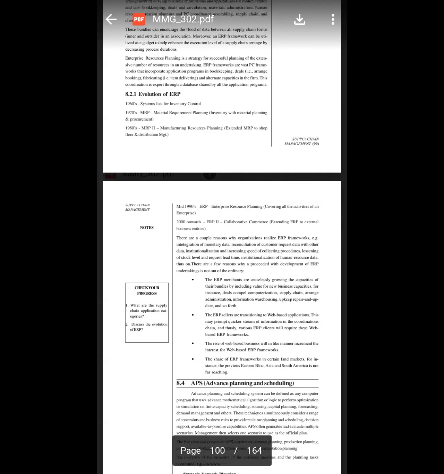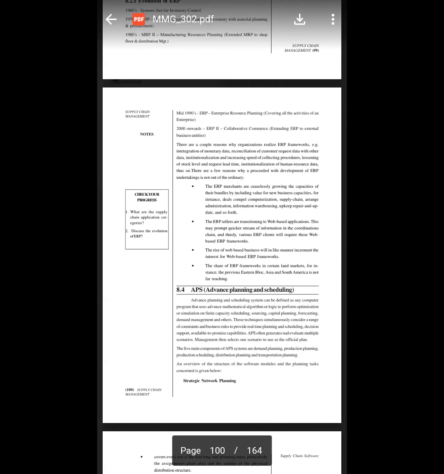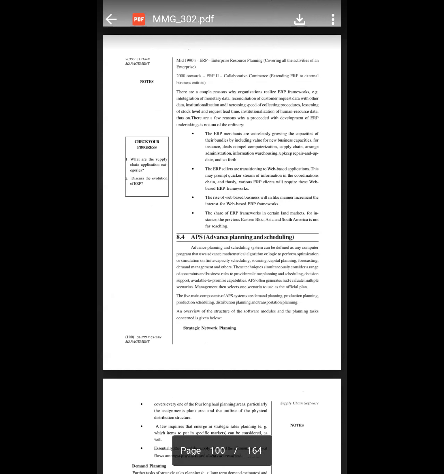Then in 1980 MRP2, material resource planning, extended MRP to shop floor and distribution management. Then in the mid 1990s ERP, entrepreneur resource planning, covering all the activities of the enterprises. Then in 2000 ERP2, collaborative commerce, extending ERP to external business entities. In 2000 they formulated this ERP2.